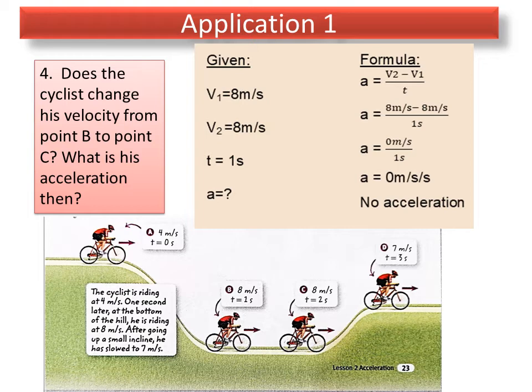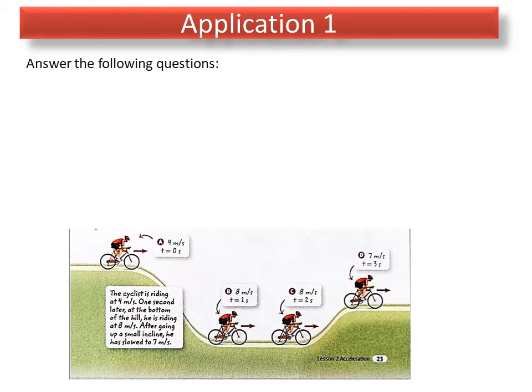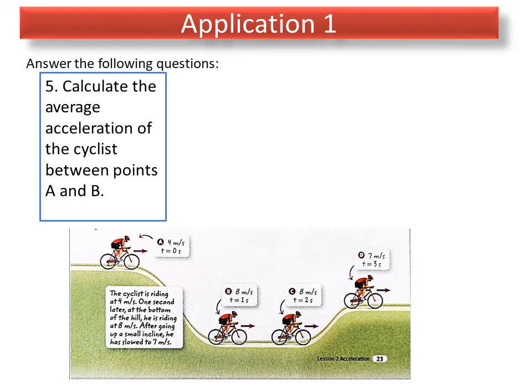Now let's move to question 5. Calculate the average acceleration of the cyclist between points A and B. I want you to put in your copybook the given and the formula. Look at point A, write V1.